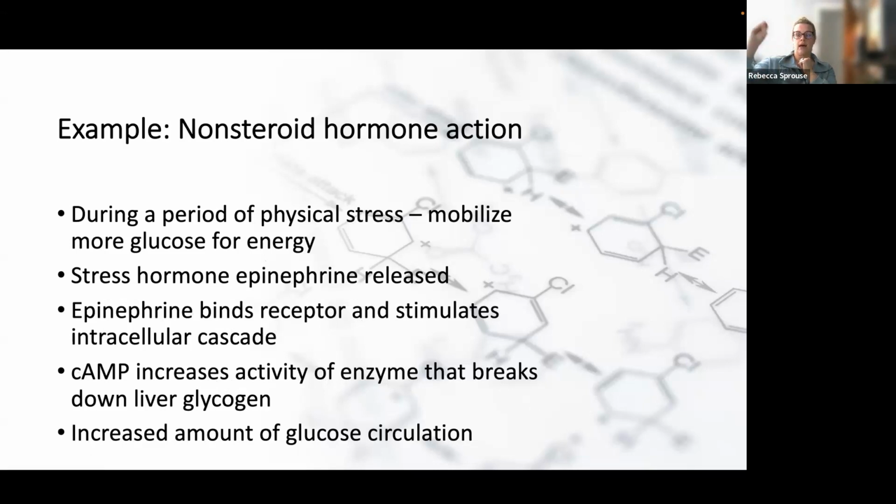And so we can tap into those stores whenever glucose levels are low or whenever our body needs more energy. So we just break down that glycogen, basically unwrap it, and here we have mobilized glucose, right? And then that increases the amount of glucose circulating in our body. So this would be an example of non-steroid hormone action.